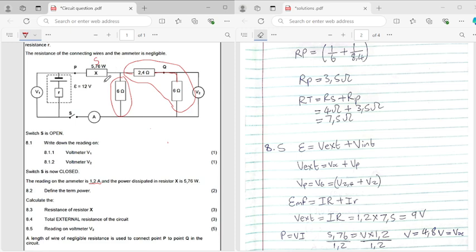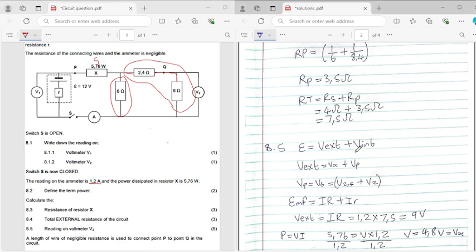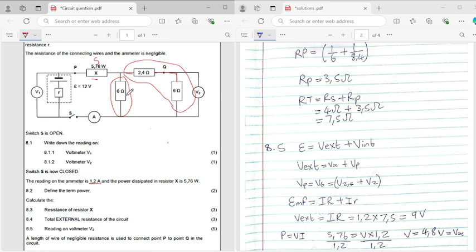Remember when you have EMF, this is our equation for EMF, which equals V external plus V internal. V external will be the voltage from resistor X plus the voltage in parallel.